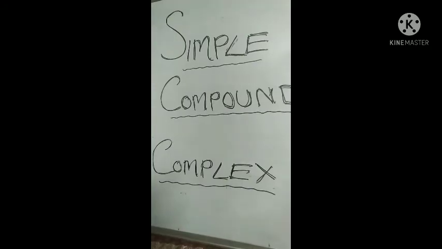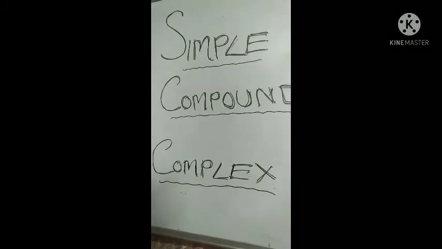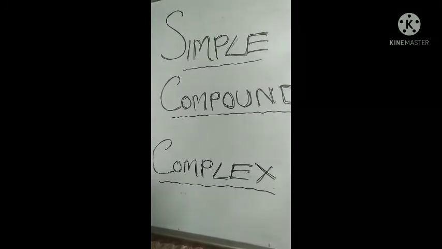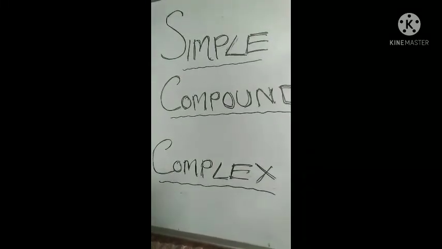Okay. So I hope you understand how you can recognize a simple sentence, compound sentence and complex sentence. In the next video, we will discuss more about transformation of sentences, because it's not so easy. In this video, I hope you understand how to recognize which type of sentence is compound, complex, or simple.